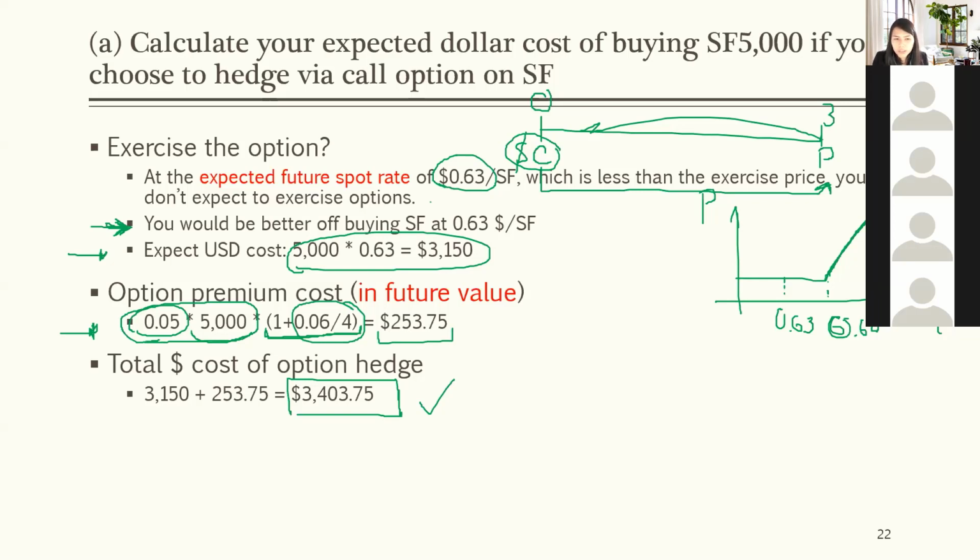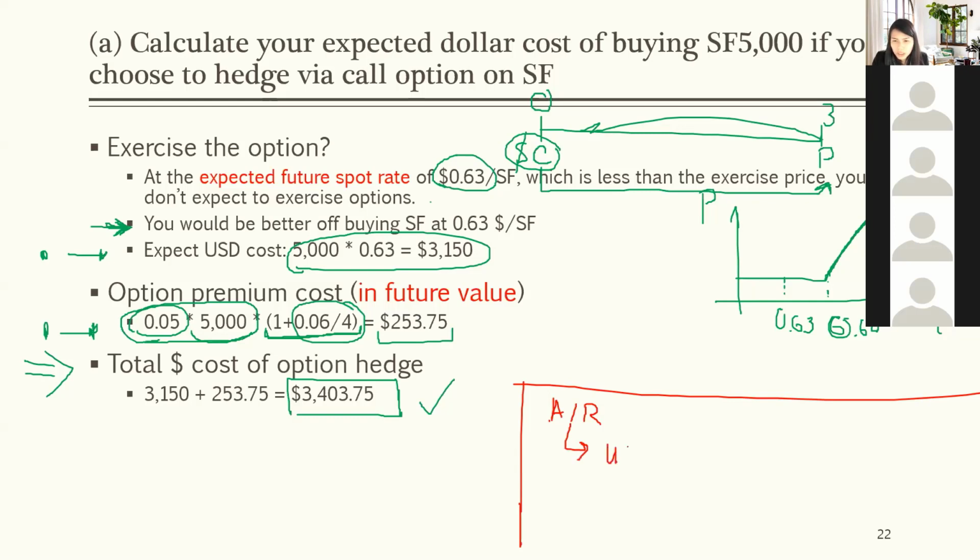One thing to note is that because this is an account payable, both of the figures that we computed here are costs, right? And as a result, our net position is going to be the sum of the two cost figures. In contrast, if I have an account receivable, then I would expect to receive money. So in this case, my first calculation is going to be a proceed calculation.